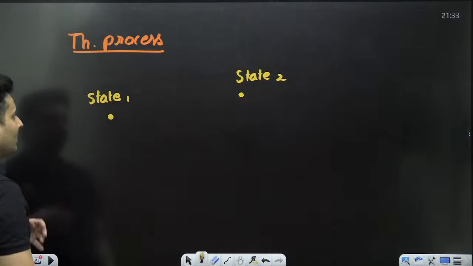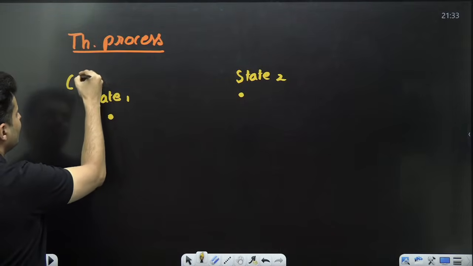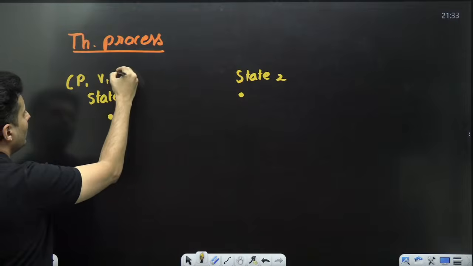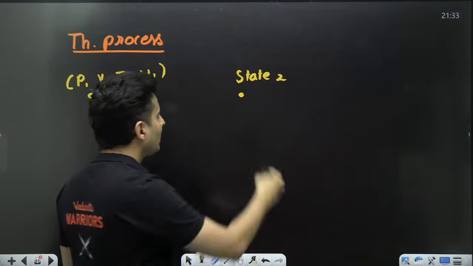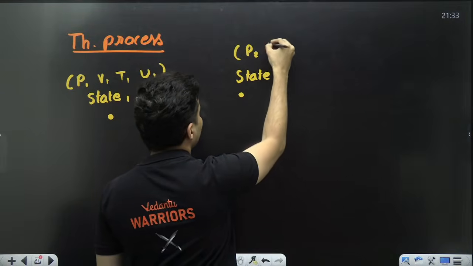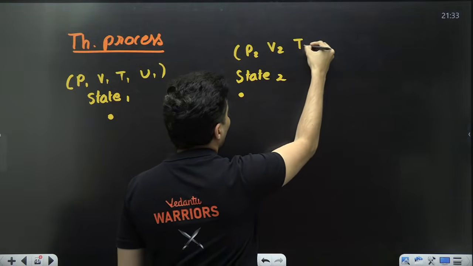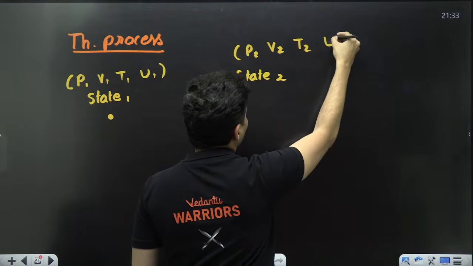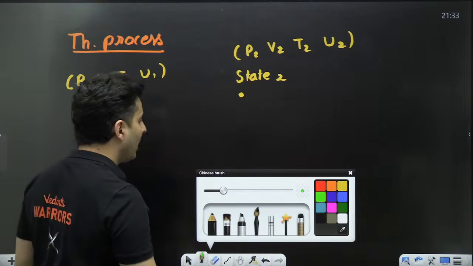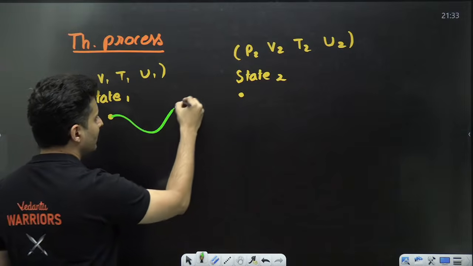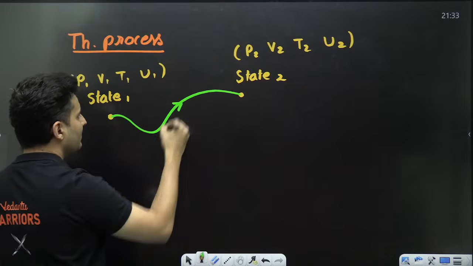A state always has some pressure, some volume, some temperature, some internal energy, etc. Another state will have another pressure, maybe another temperature, maybe another internal energy, like that. And you can decide to go from this state to this state via this process.